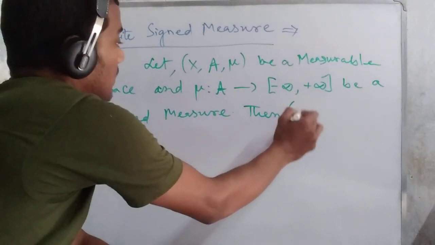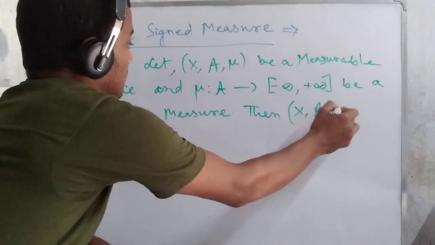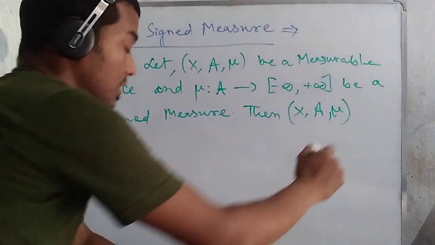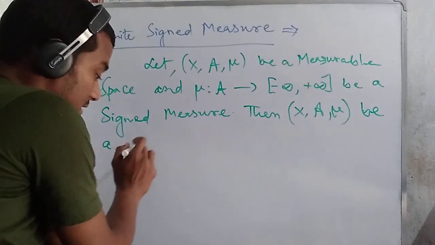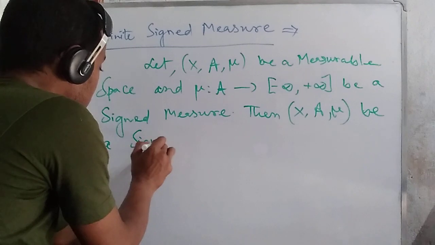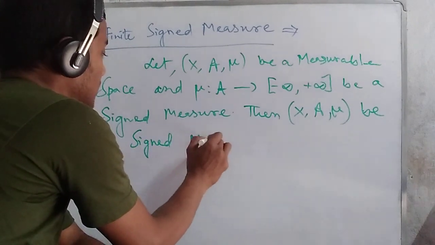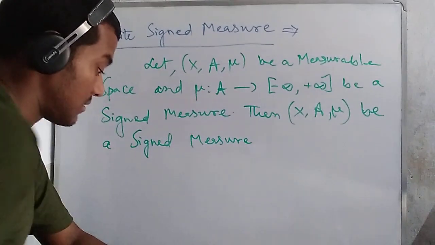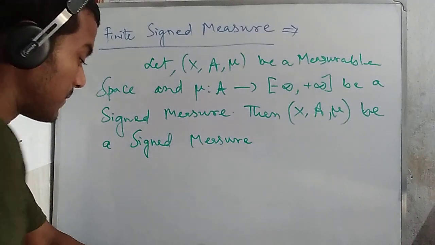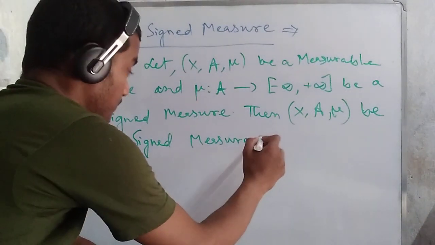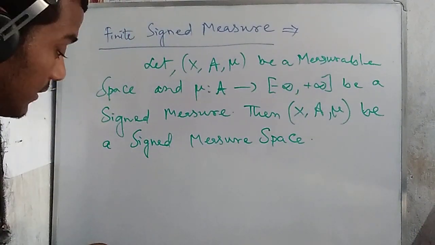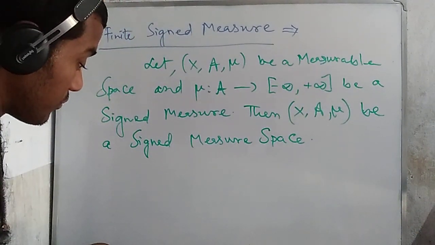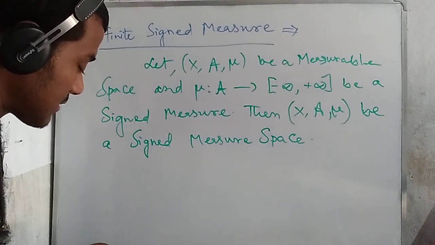Then (X, 𝒜, μ) is a signed measure space. We're now going to define finite signed measure.